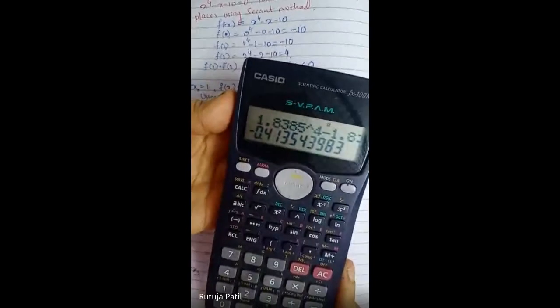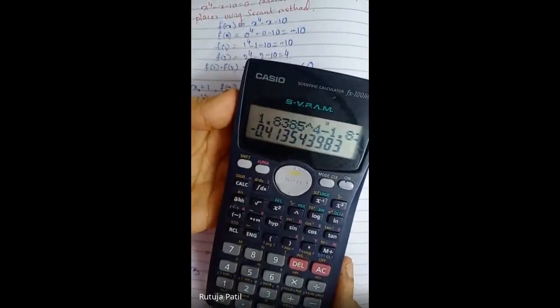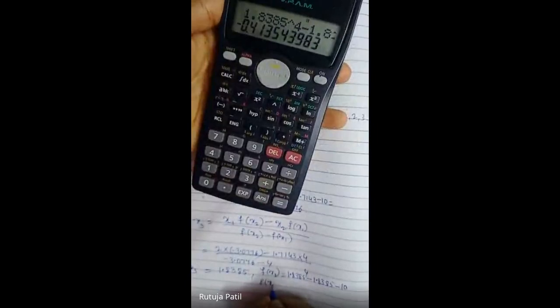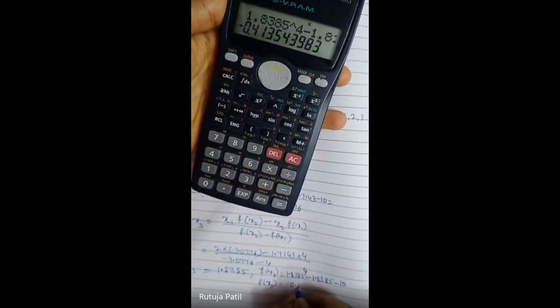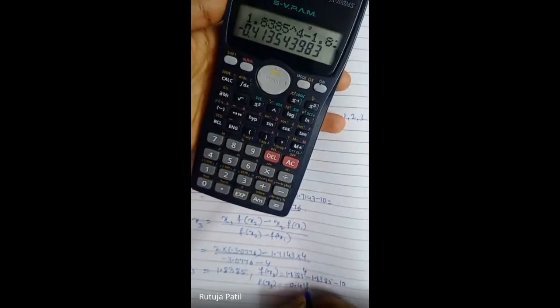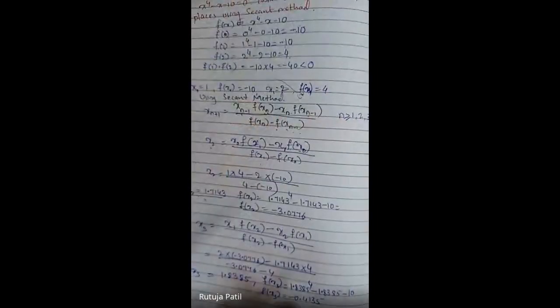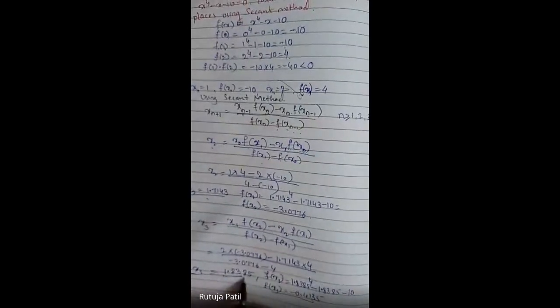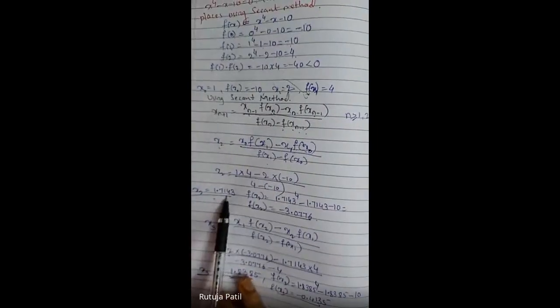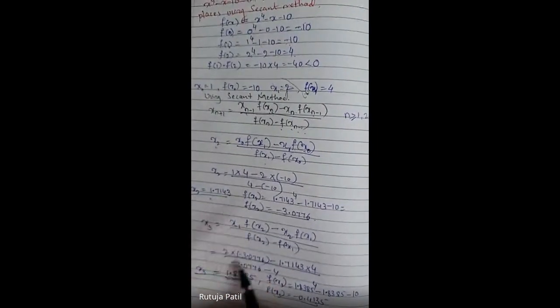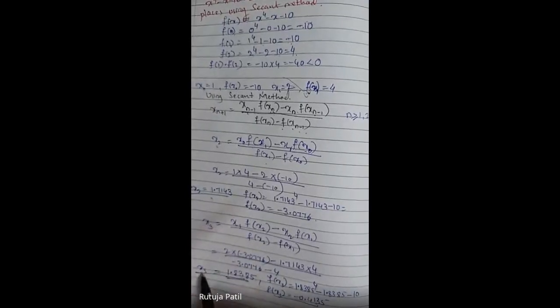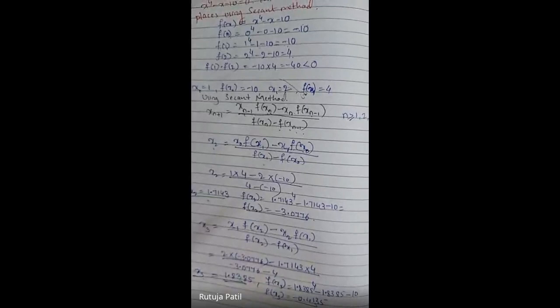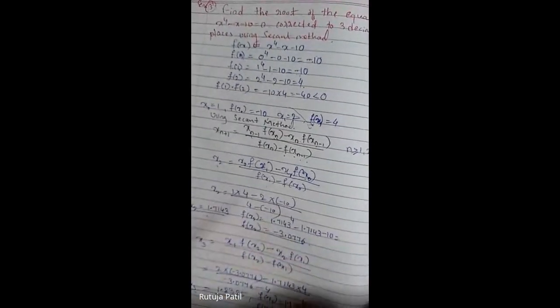So how much did I get here? f of x3 is minus 0.4135. Okay. Now check the x3 value here. x3 is 1.8385 and x2 is 1.7143. So after the decimal, even one digit is not the same. So what we need to do is find x4. We have to go for the iteration now. x4. Okay. Just I'll turn the page.